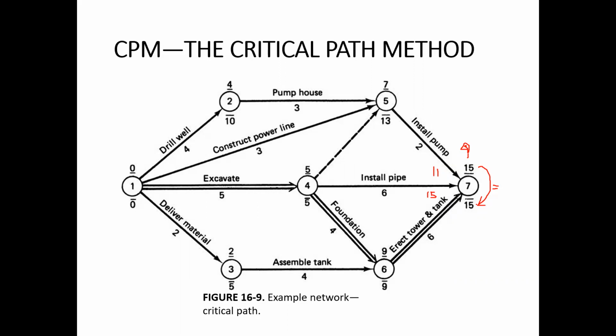For example, maybe there is a deadline from the client that we want this project to be completed in 13 weeks instead of 15 weeks, because these 2 extra weeks will be too late. So in those situations, maybe what we can do is start from 13 as well over here, and then go backward, and then try to establish where we want to reduce the duration to meet this deadline.